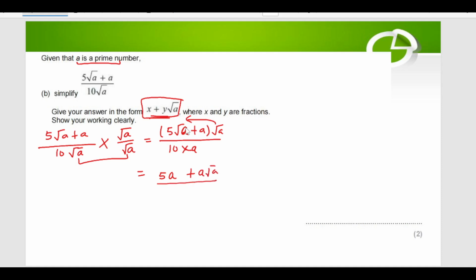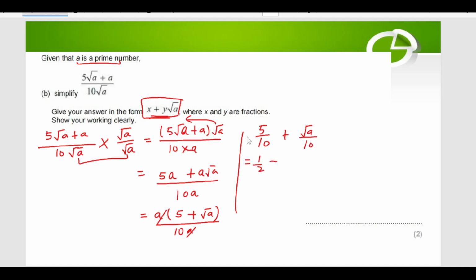Down we have here 10 times a. Now a is common, then we have 5 plus root a over 10a. So this and this is cancelled, so now we can write this as 5 over 10 plus root a over 10, or you can write it as 1 over 2 plus 1 over 10 square root a.